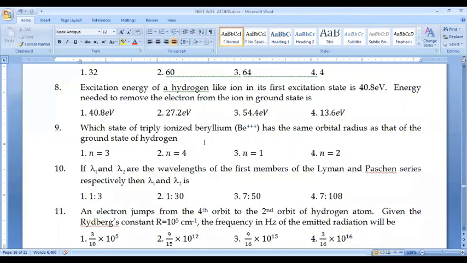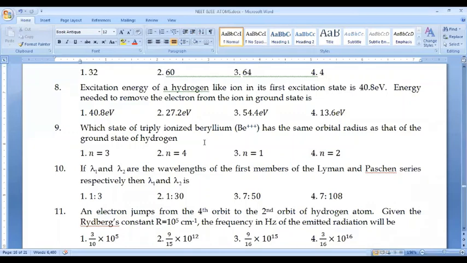The options are first 40.8, second 27.2, then 54.4 and 13.6. Here N2 is equal to 4, N1 is equal to 1, whole square, you should write.